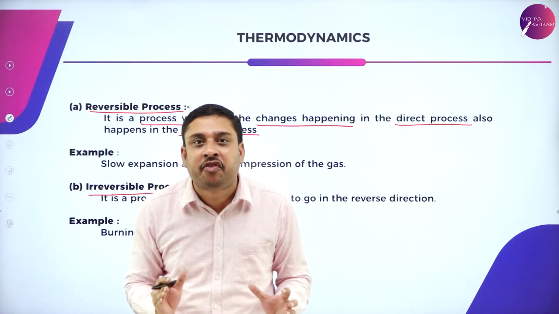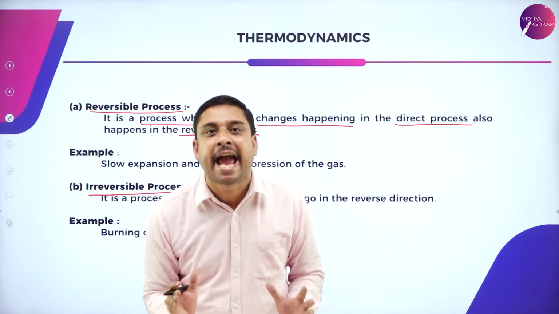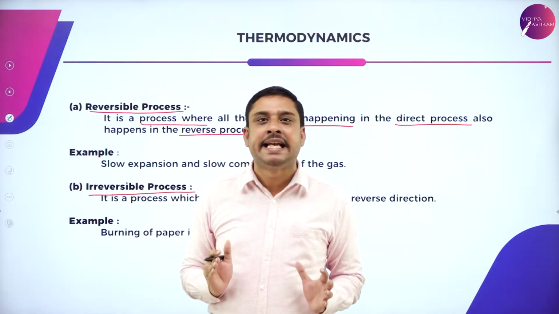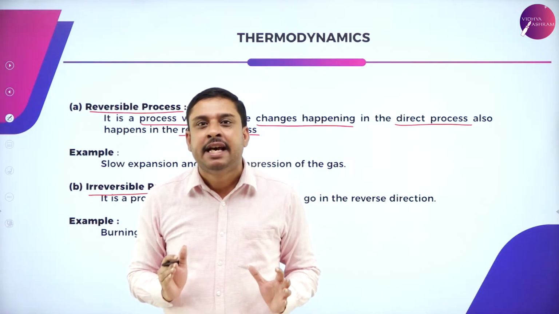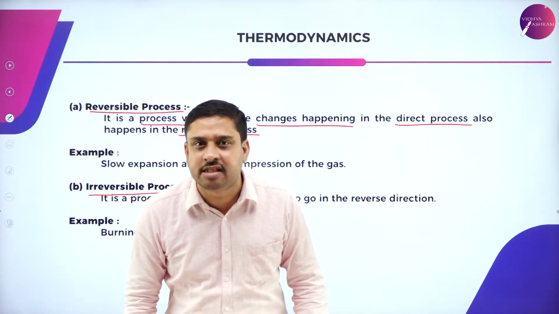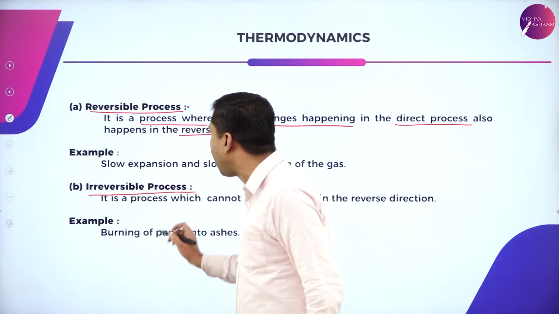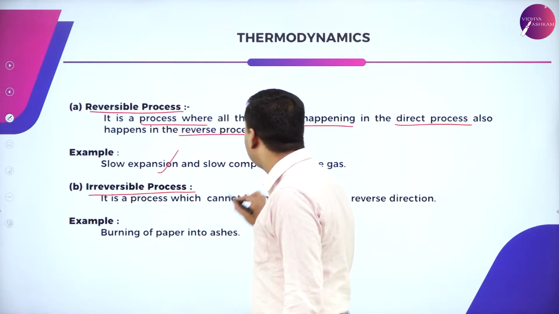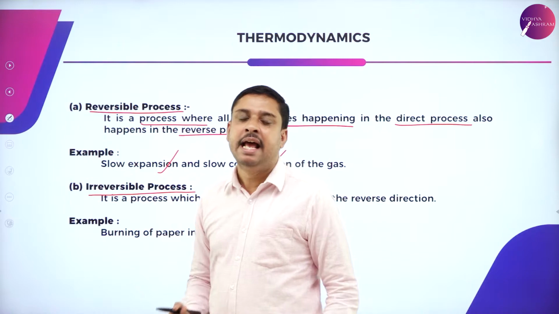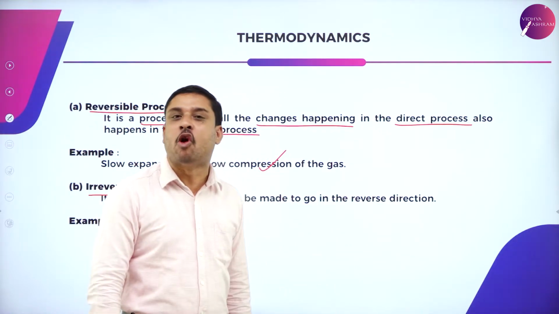Path of the cycle can be changed. All things which happens in the direct process can also be made to go in the reverse process. Example, slow expansion and slow compression of the gas.